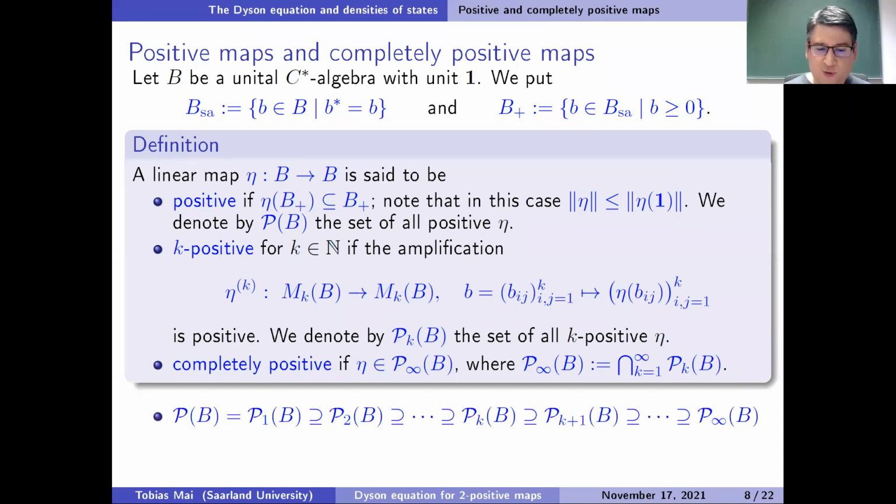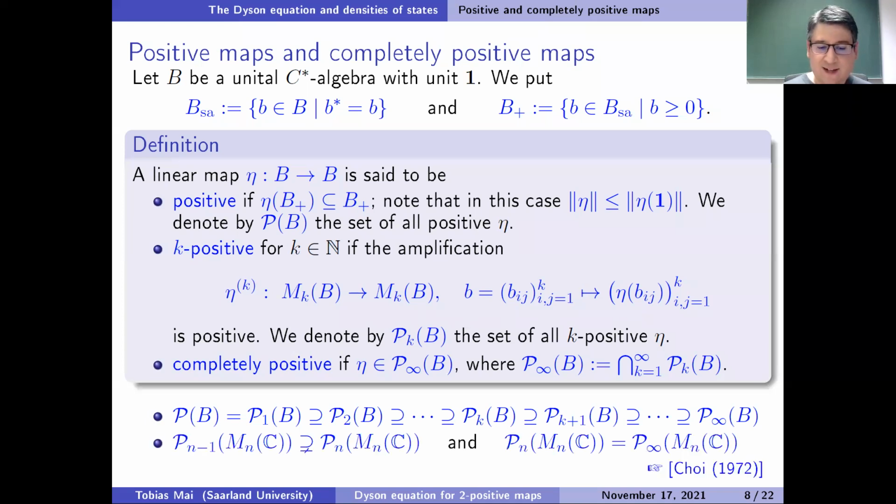And as you know, we have a descending chain of inclusions. So inside P(B), we have P_2 and so on. And the completely positive maps sit inside everything. And what is interesting to note is that these inclusions might be strict. This was shown by Choi.